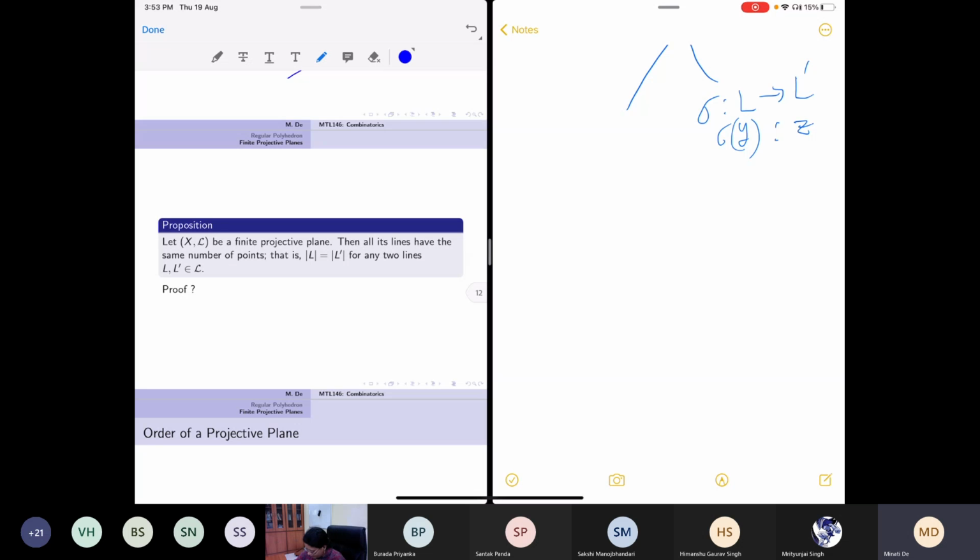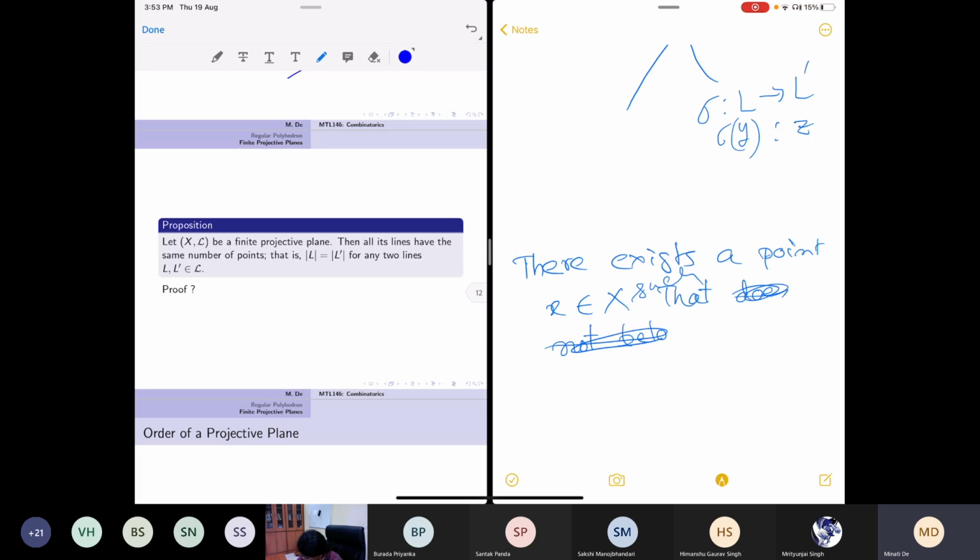So the statement is: there exists a point x such that x doesn't belong to L and x doesn't belong to L dash.